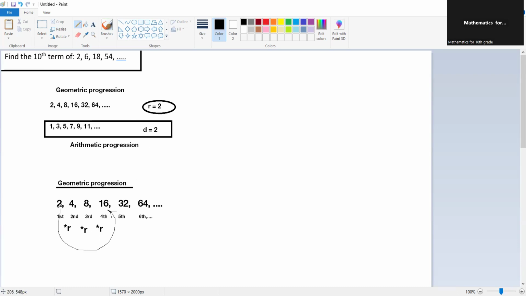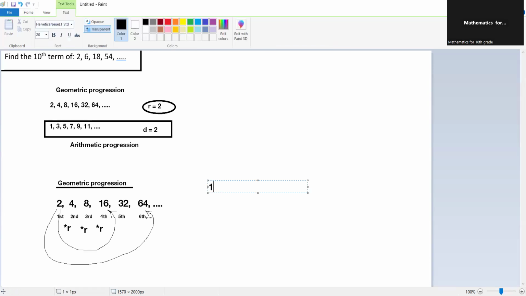So how will we get the sixth term from the first term? In the same way, you have to multiply by r 5 times. So how will we get the nth term? If you multiply the first term by r power n minus 1. So let's say the first term is called a.